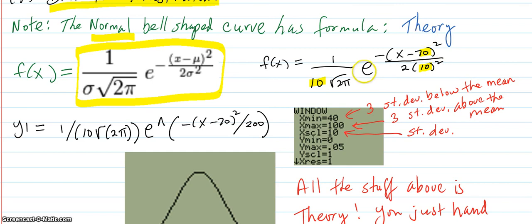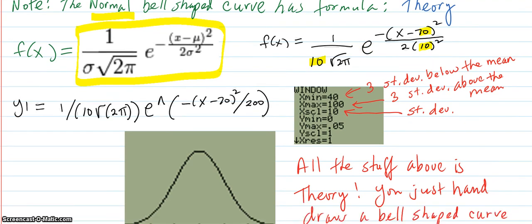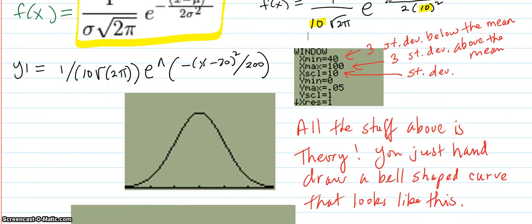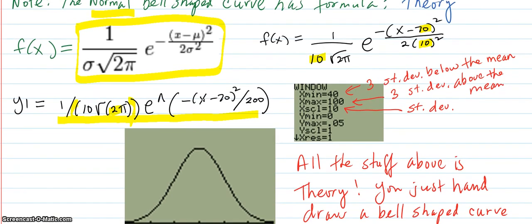Okay, and e is that exponential function e, about 2.7128 number. Okay, and so if you really wanted to graph that for real, you would put it in y1 like this, being very careful about the parentheses, so that it accomplishes what you really want there.